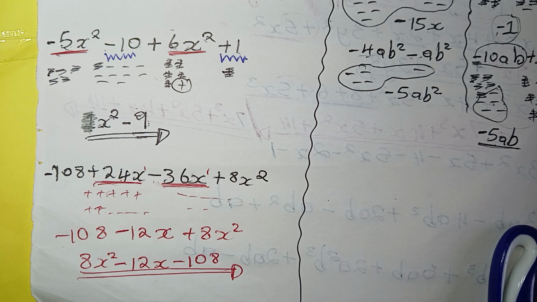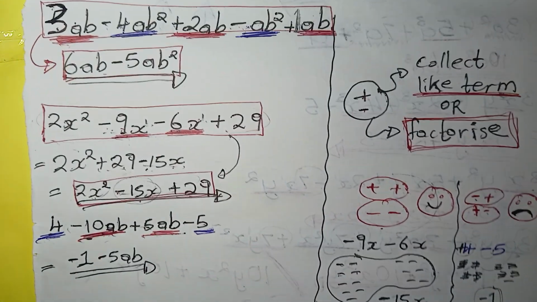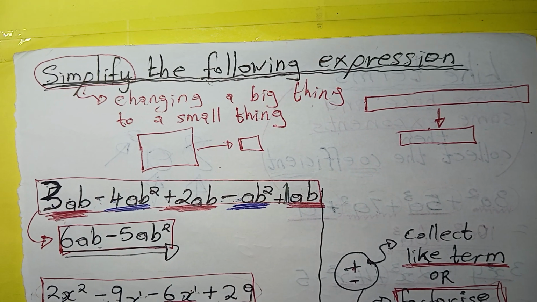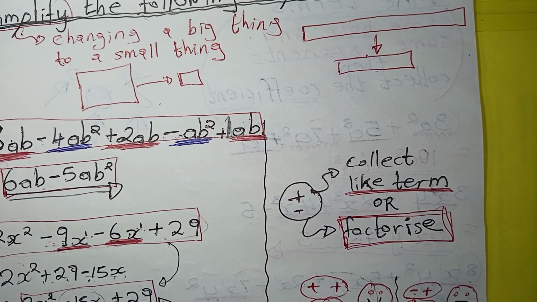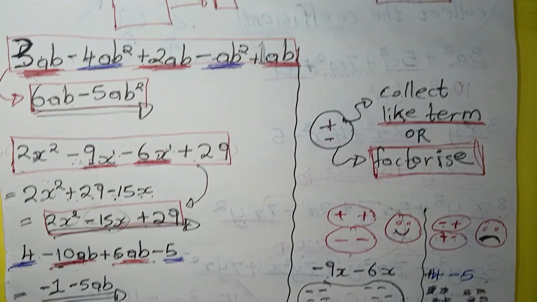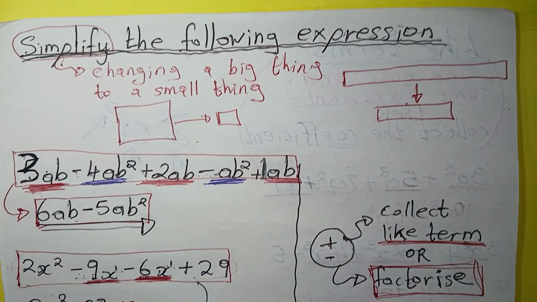Do you understand? Yeah. So guys, I just hope you did understand this video, how to simplify, and what the like terms are. You should know that when you simplify, you change a bigger thing to a small thing.